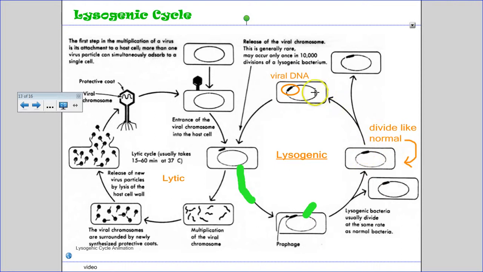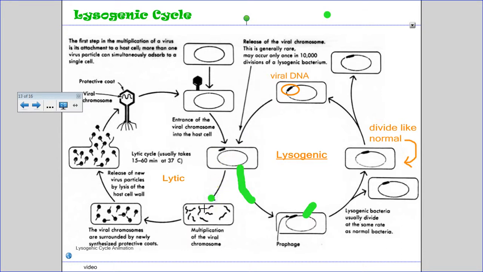So then you have a whole lot of copies of host cells that already have the viral DNA or RNA hiding in it. That is what's happening when we say that a virus is latent. It's sitting inside of the host cells, just waiting for that opportune time. And when it finds that opportune time, it will start to go the other process, the lytic cycle, which we already talked about.